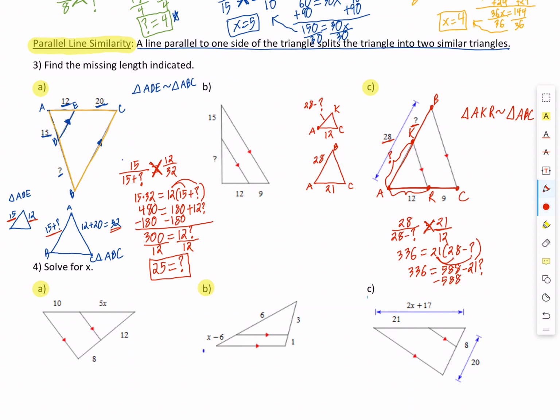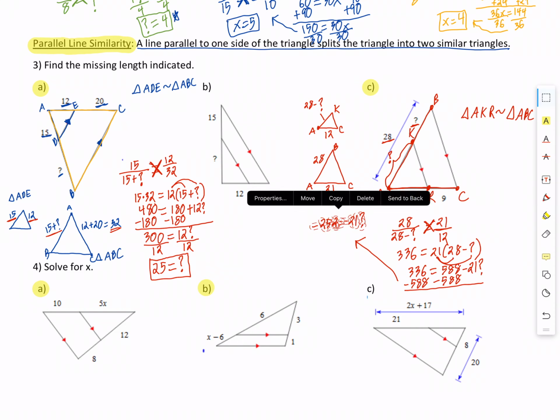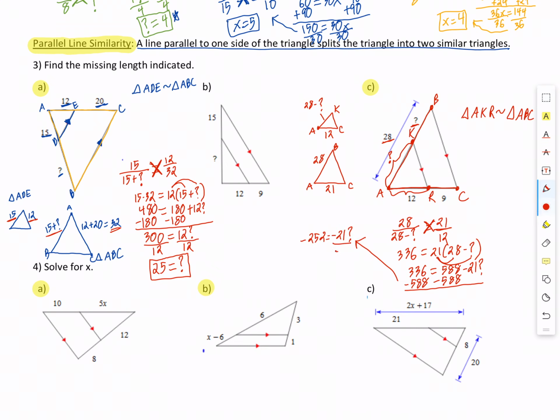Subtract 588 from both sides. So then we get negative 252 is equal to negative 21 question mark. Now we need to divide by negative 21 on both sides. So then we get 12 is equal to question mark.